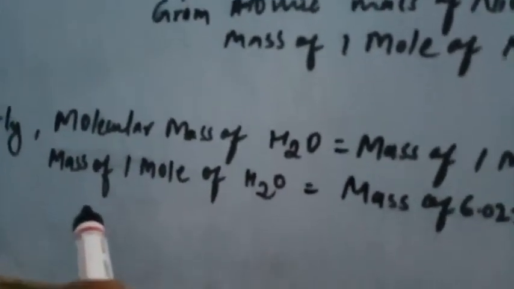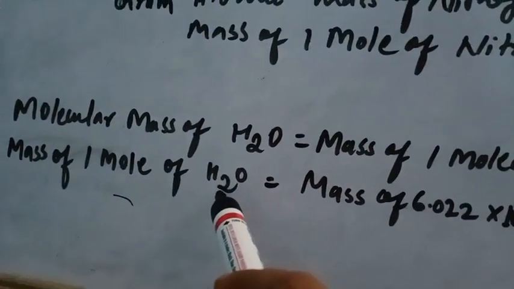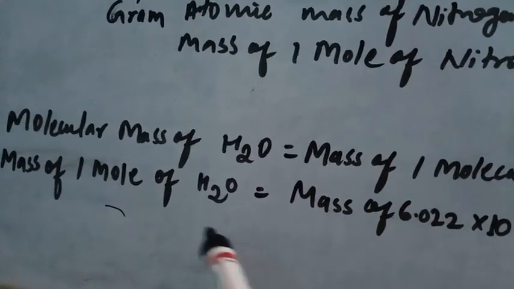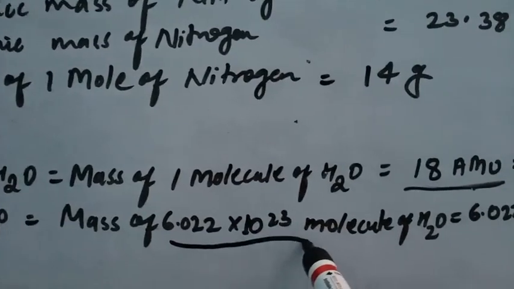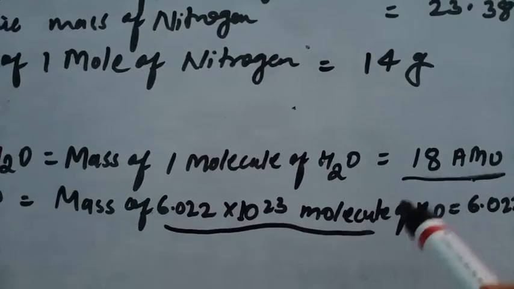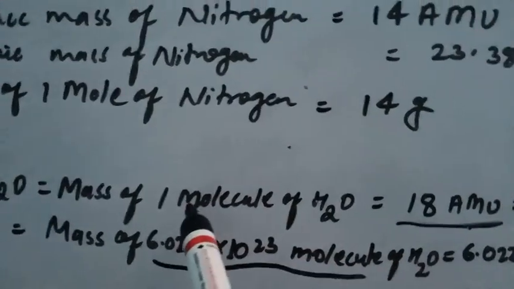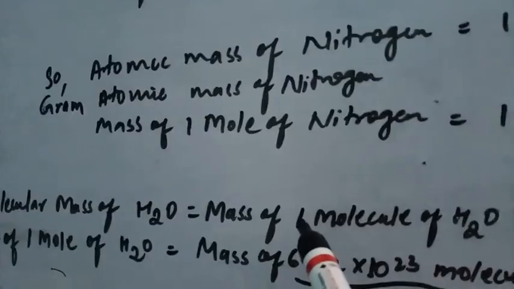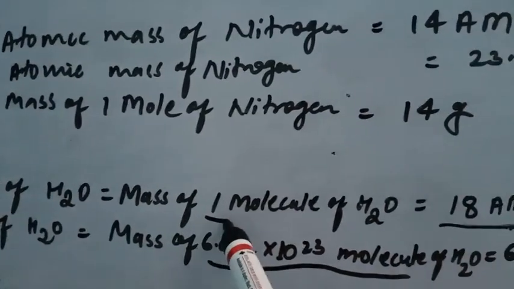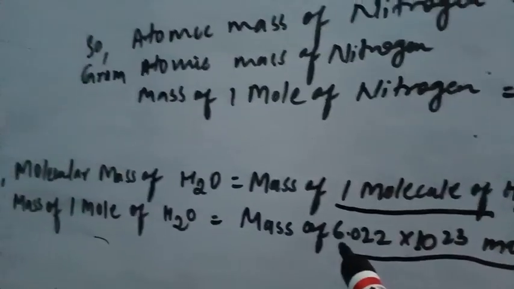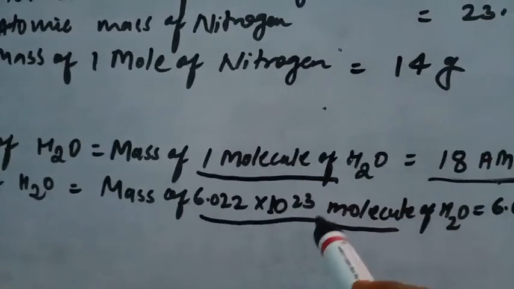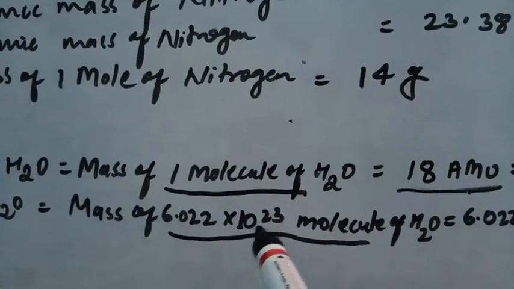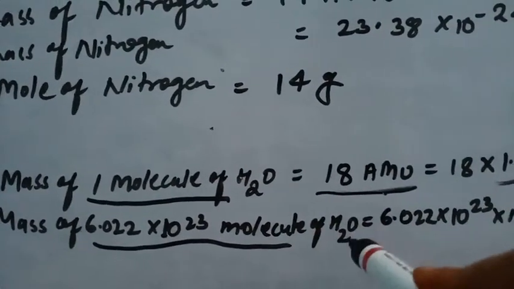But the mass of 1 mole of water means the mass of 6.022 into 10 to the power 23 molecules of water. See, in the first case, molecular mass of water means the mass of 1 molecule of water, whereas mass of 1 mole of water means the mass of 6.022 into 10 to the power 23 molecules of water.